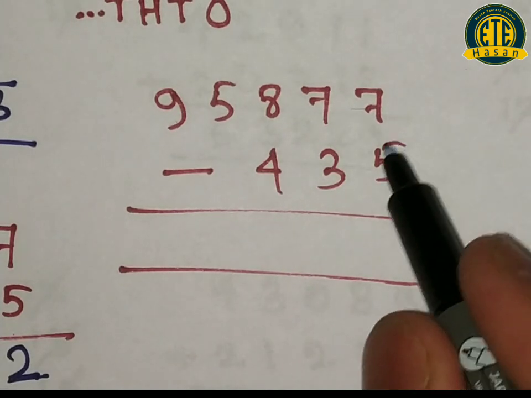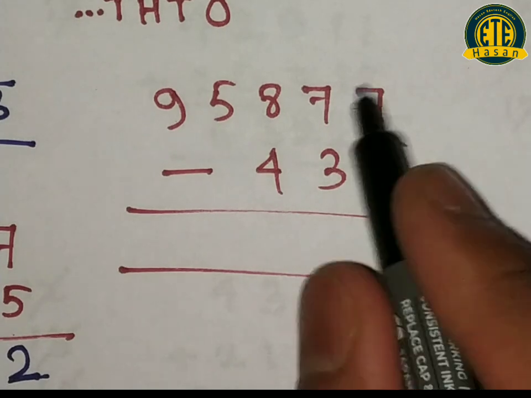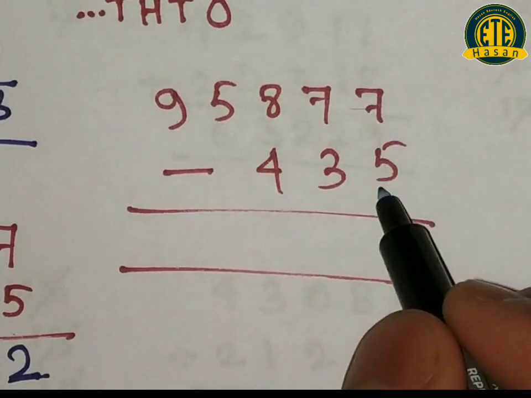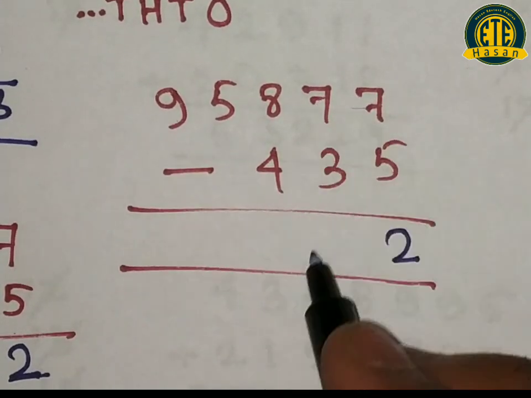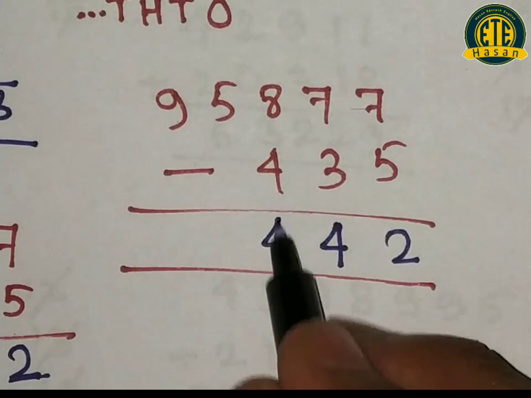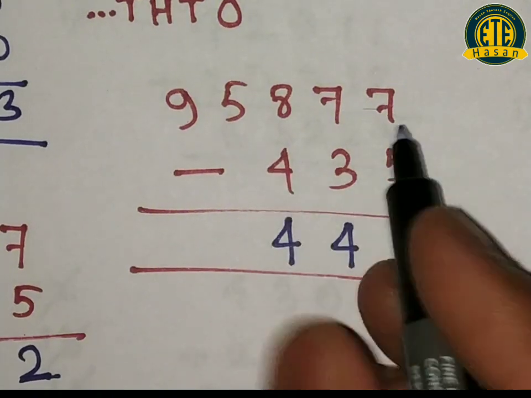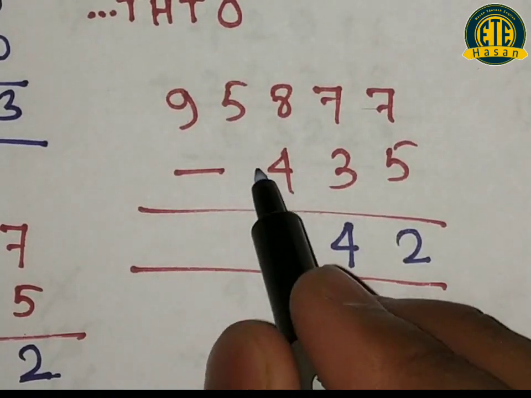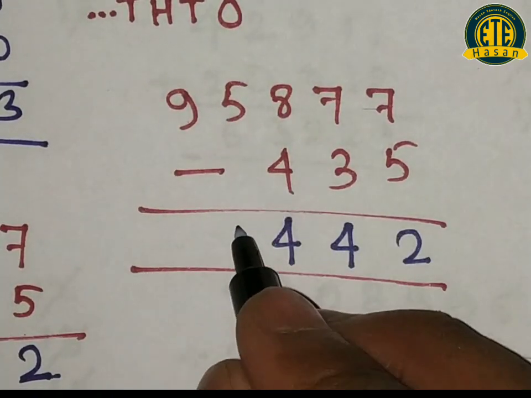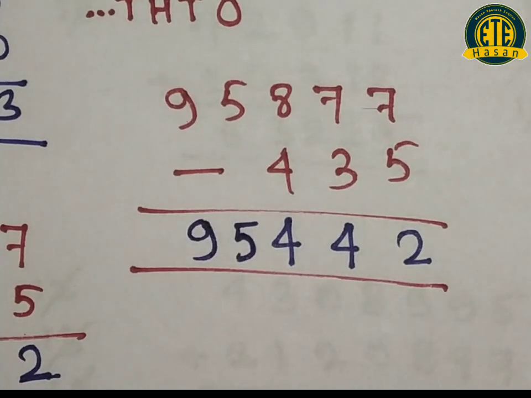Here 5 is in the ones place, here 7 is in the ones place, so no problem, we can subtract. 7 minus 5 will be 2. 7 minus 3 will be 4. 8 minus 4 will be 4. 5 minus nothing is 5. 9 minus nothing is also 9. This kind of problem you can see anywhere.